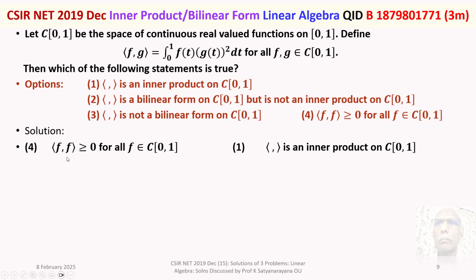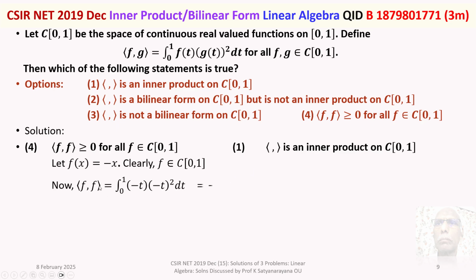So first go here. Now let f of x be equal to minus x. Clearly, f is a continuous real valued function defined on the closed and bounded interval 0 to 1. Therefore, f belongs to C01. Now, bracket f comma f is integral 0 to 1 of f(t) into g(t) square, that is minus t square dt.